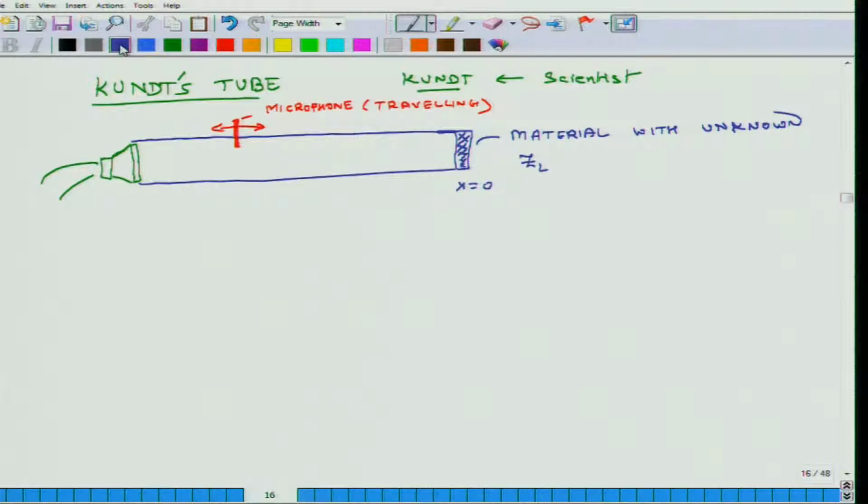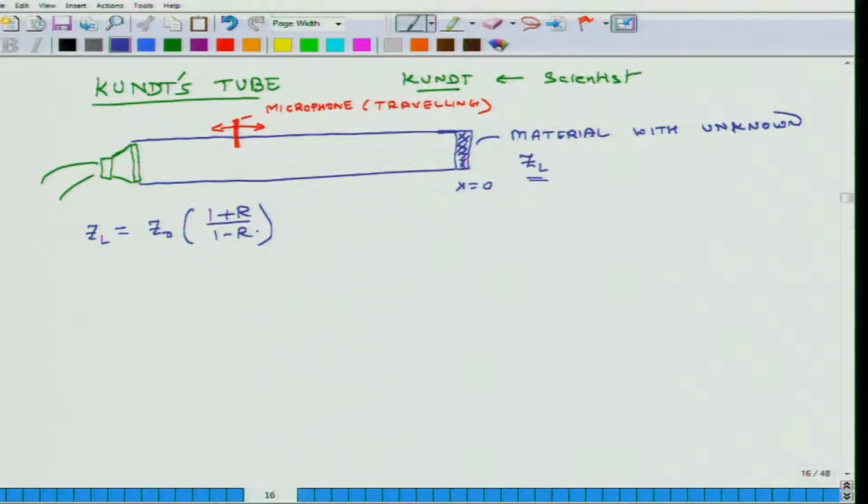Now let's figure out how we can, using this apparatus, calculate the impedance of this material, which is right now unknown. We will start with what we learnt in the last class. We had learnt that at x equal to 0, ZL is the impedance, and ZL can be expressed as Z naught times (1 plus R) divided by (1 minus R).